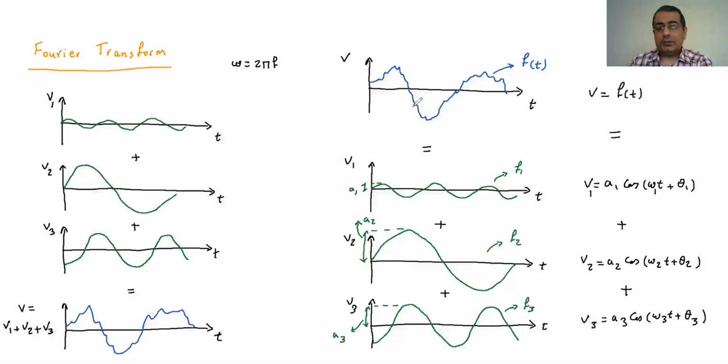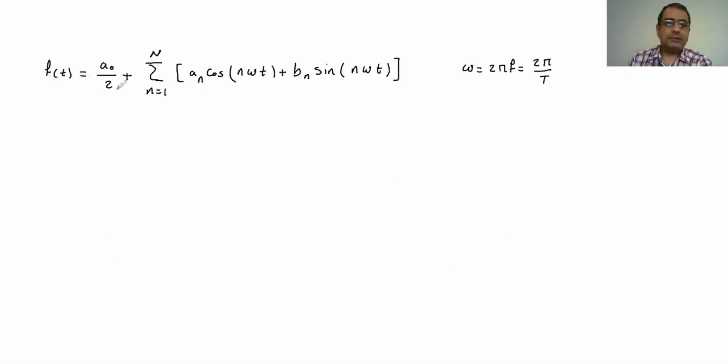If the original signal has some average value, then after we add all these cosines and sines together, we add the mean value to shift the entire function up or down. So this term represents the mean value, and the rest is the sine and cosine functions. Now let's go back to this simple example I have.